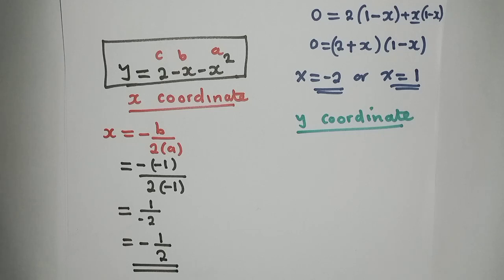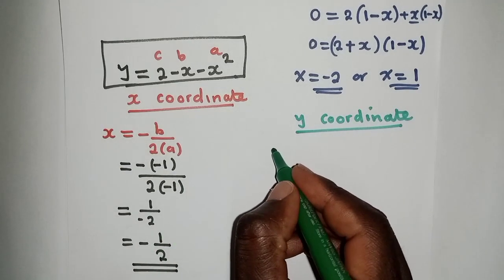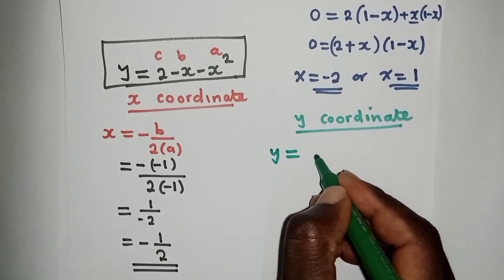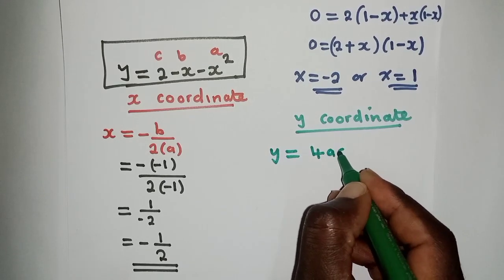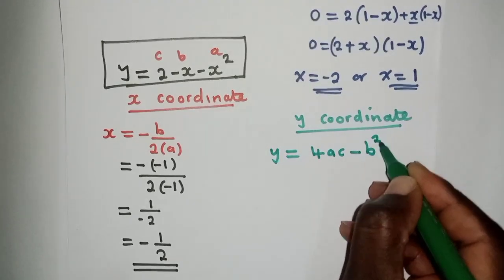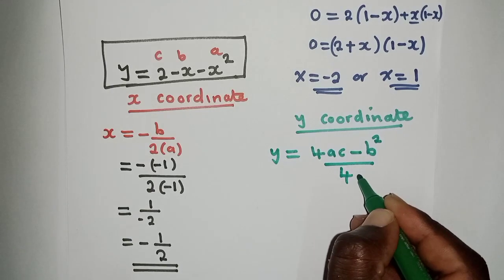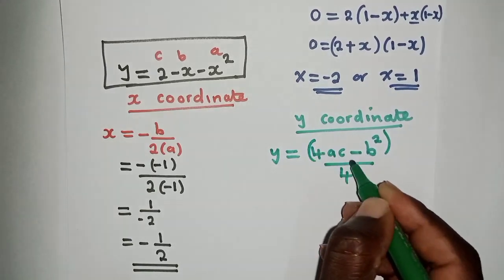Now for our y coordinate, the formula is a little bit different from this one. So the formula for our y coordinate looks like this. You need to know these two formulas if you want to find the turning point.